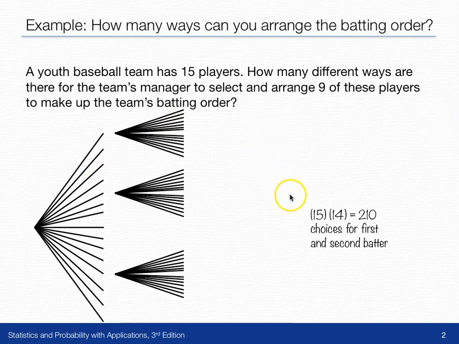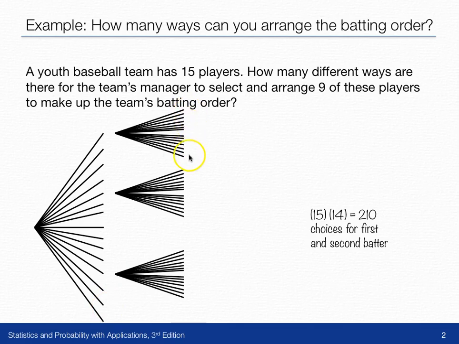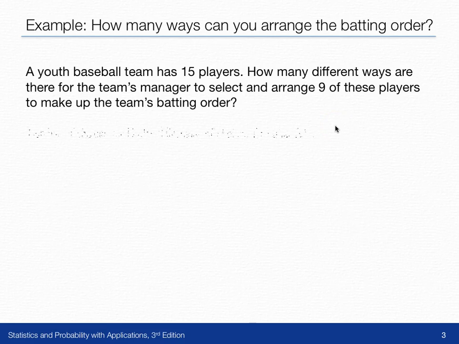So we're not going to do it that way, but this tree diagram did give us some sense of what we're going to be doing numerically. And that is to say, we have 15 choices for the first batter, 14 choices for the second batter, and so on. What do we mean, and so on?